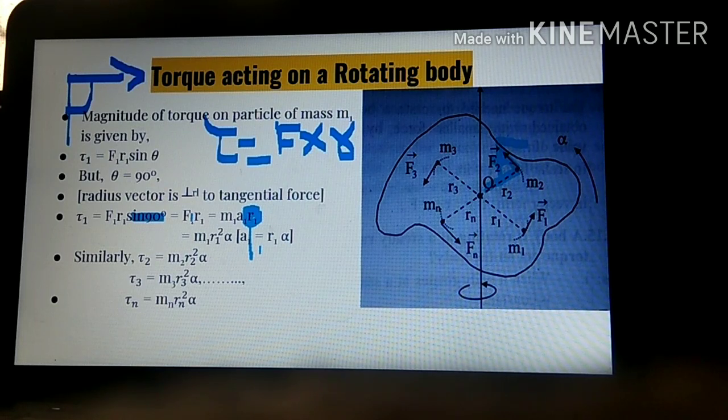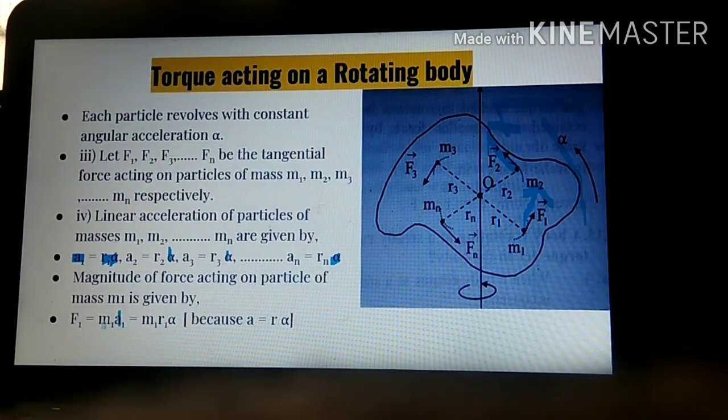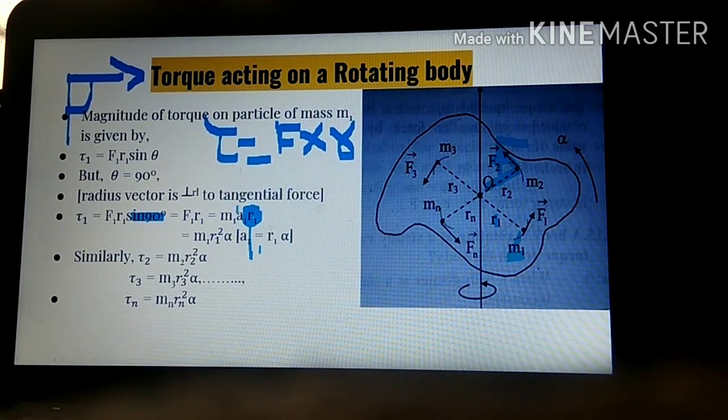Force can be written as mass into acceleration, so mass M1 into acceleration into radius R1. But this acceleration we have seen in the previous one. Acceleration was written as R1 alpha. R1 previously was there, so it is becoming R1 square alpha.